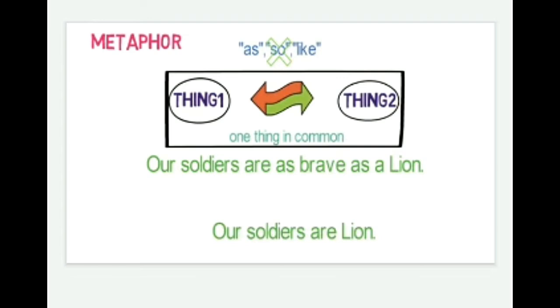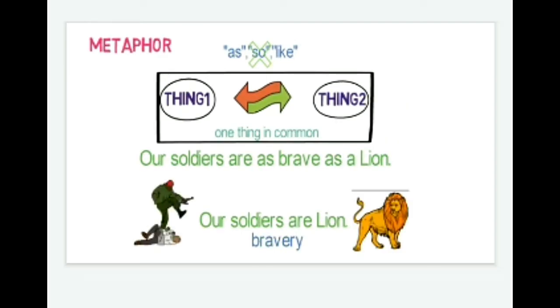Here also two things are compared, soldier and lion, but they didn't include as, like and so. Our soldiers are lions. The two things are given the same meaning, bravery. So without using as, so and like, that is metaphor.